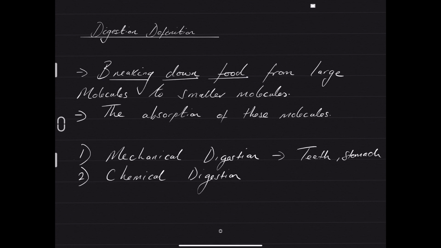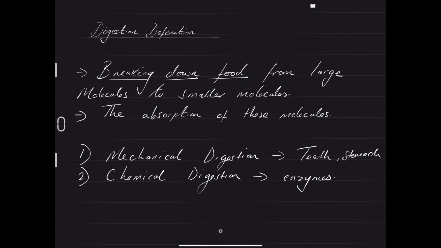Chemical digestion. You may have enzymes here. Enzymes are proteins. These are chemicals that we're going to look at in more detail when it comes to chemical digestion, regarding different types of enzymes that break down food molecules or long chains of molecules into smaller ones that allow for absorption to happen.